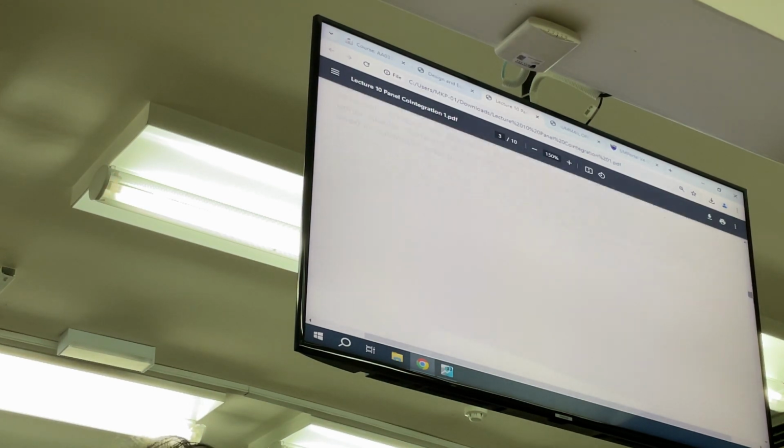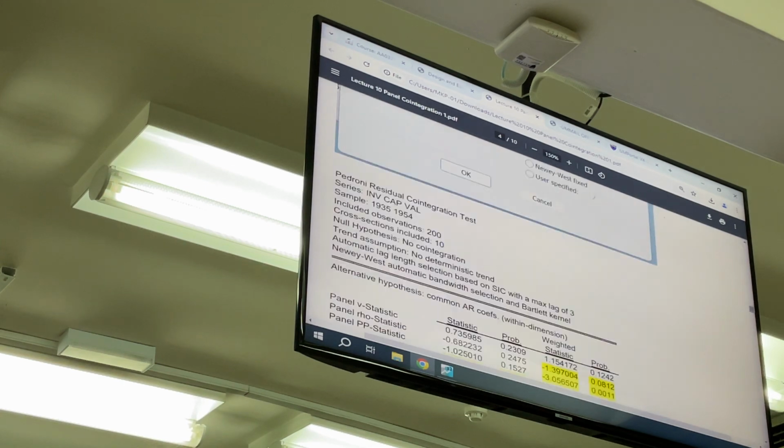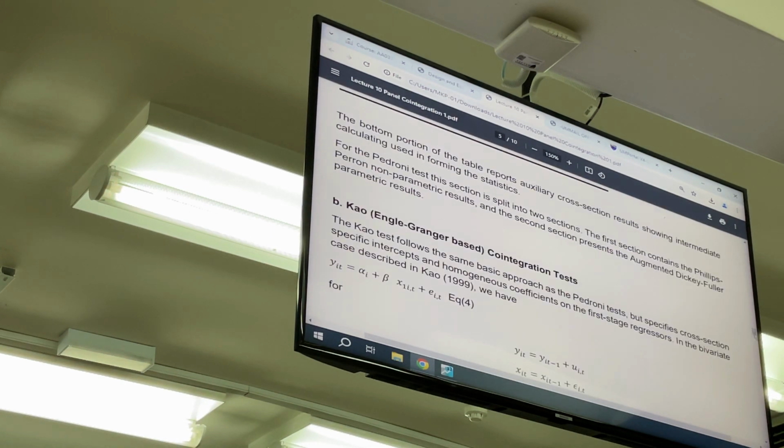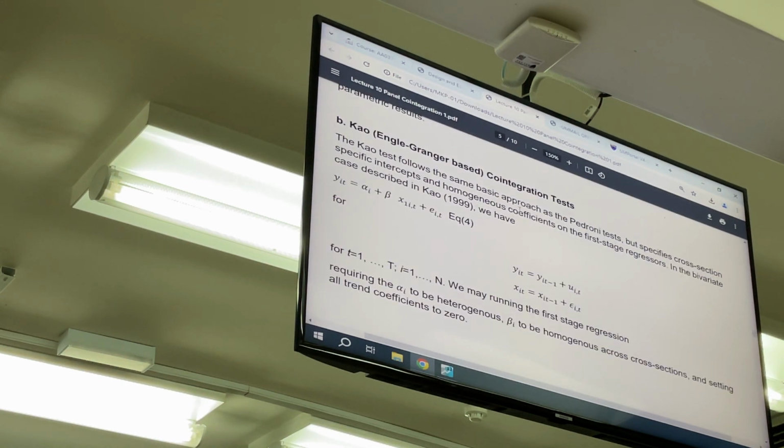So let's see how Kao works. Kao follows the same basic approach as Pedroni, but brings in cross-section specific intercepts, just like for our case, where individual firms will have their individual intercepts, but a homogeneous coefficient on the first stage regression. So let's see how it works.